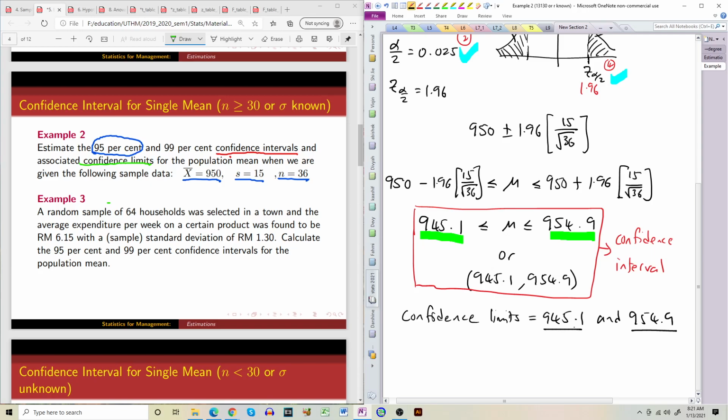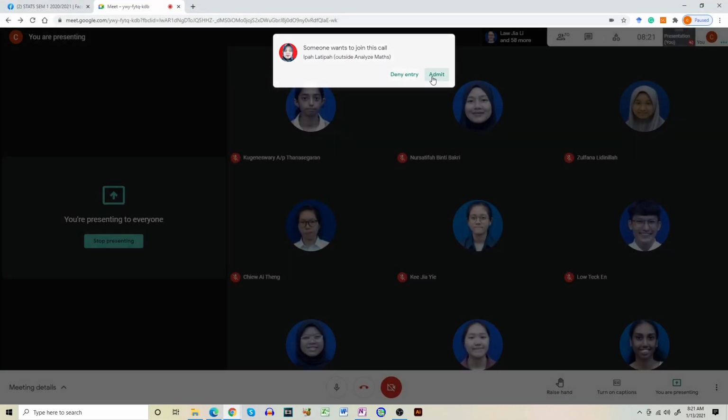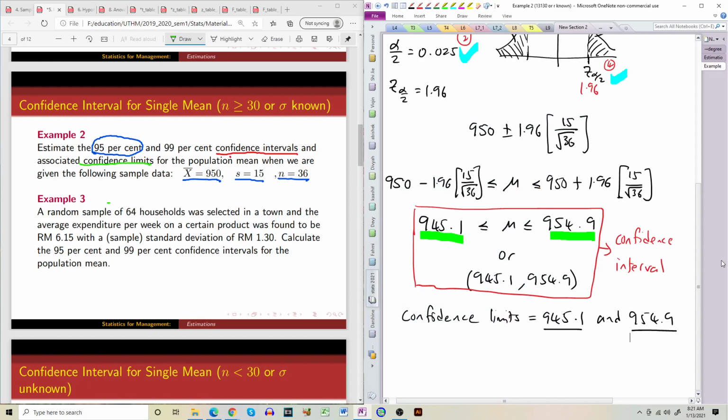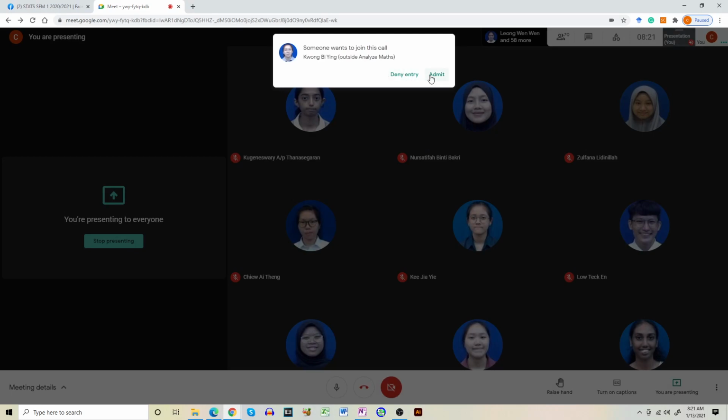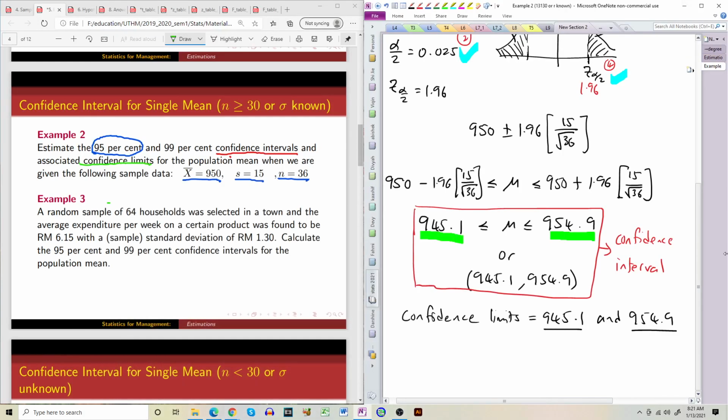Now here comes the interpretation. So what is this 95% confidence interval? We interpret like this.